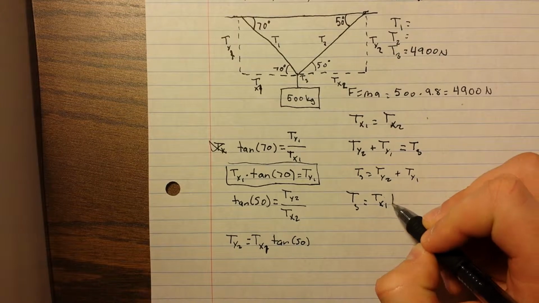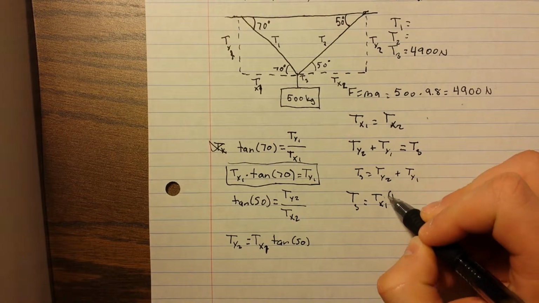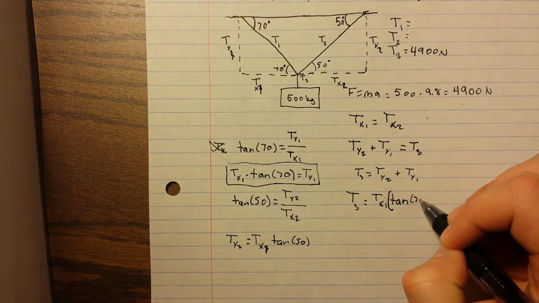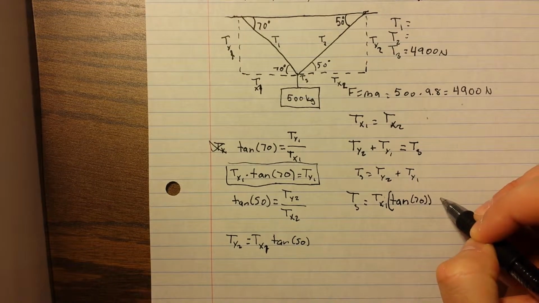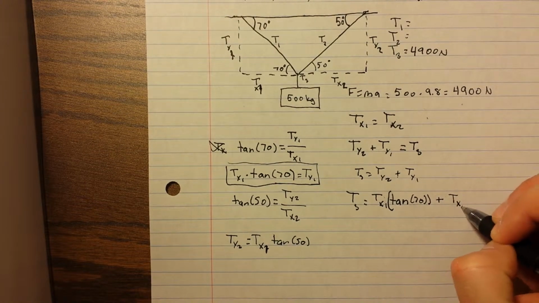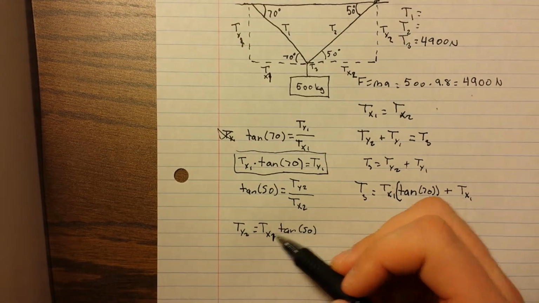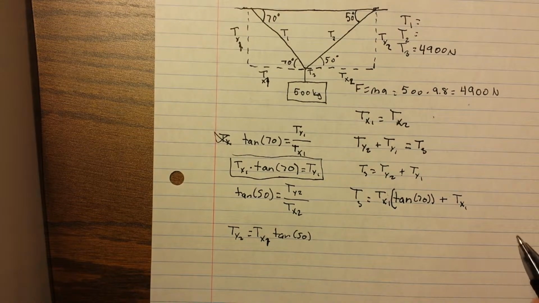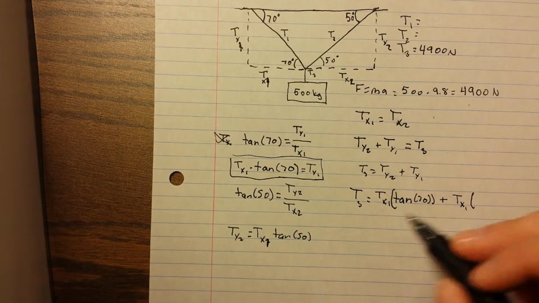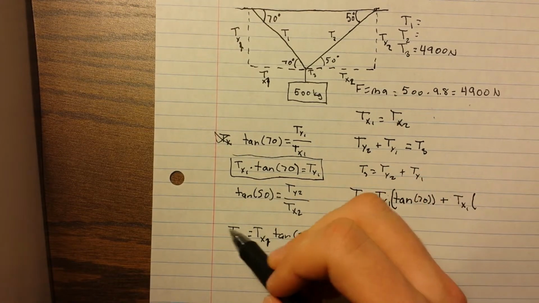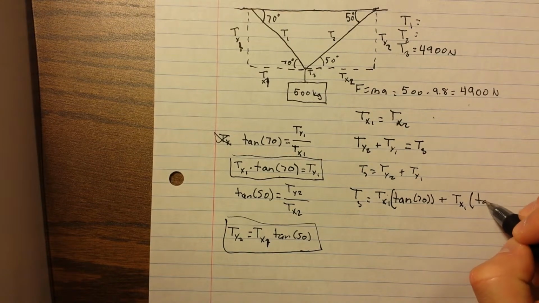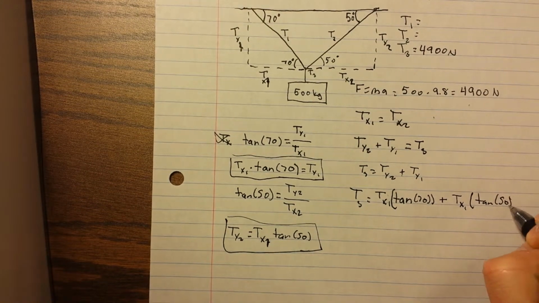TX1 tangent, I'm just going to use brackets, tangent of 70 plus, remember plus, we're going to say TX1 again because they're one and the same. TX1 and TX2 are the same thing. TX1 tangent 50.